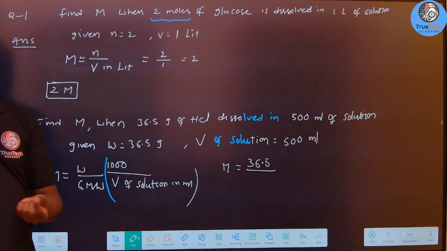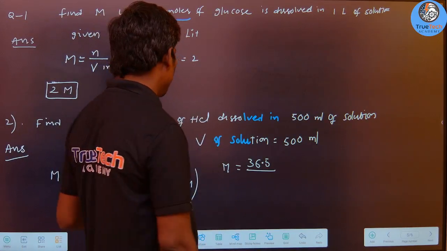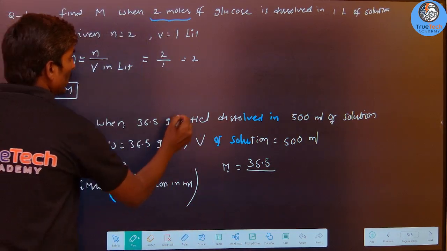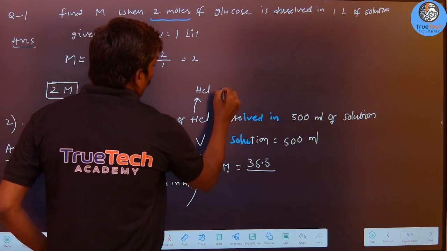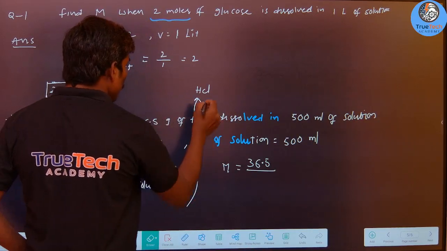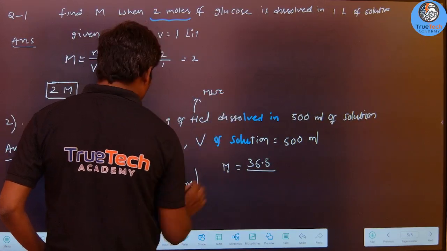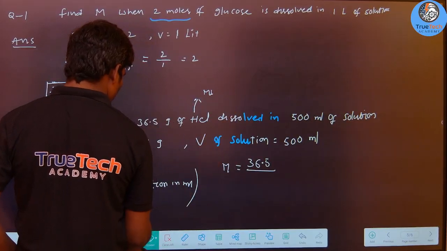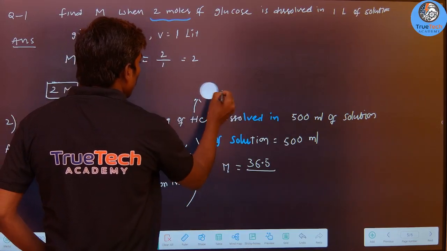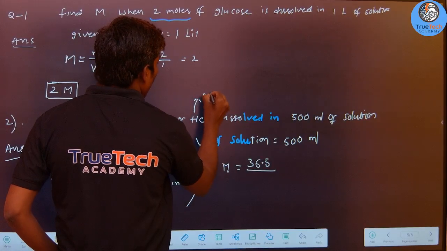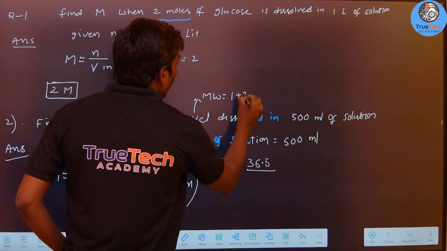How to find gram molecular weight? We know how to calculate it simply by adding its atomic weights. If you take HCl, its molecular weight is hydrogen 1 and chlorine 35.5.